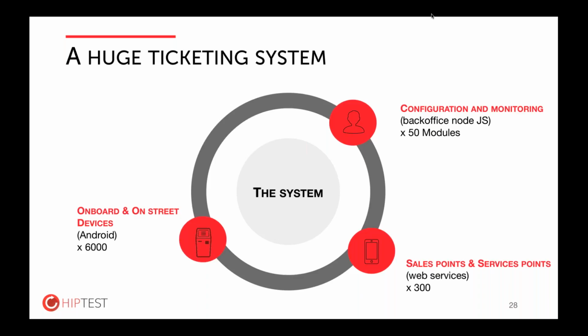We have a remote sales server that is a set of web services integrated directly by Tieto into sales points, using Node.js as well. And finally, there are some onboard and on-street devices that distribute, validate, or control transport tickets. It's about 6,000 devices connected real-time to the back office, and they are on Android.